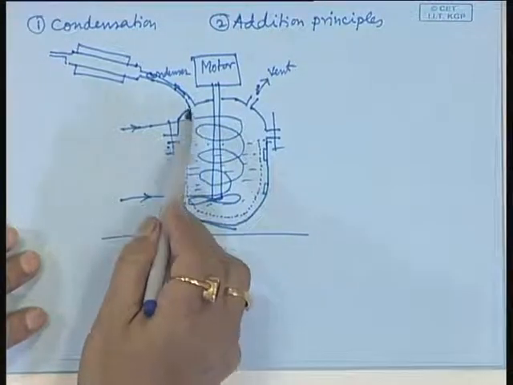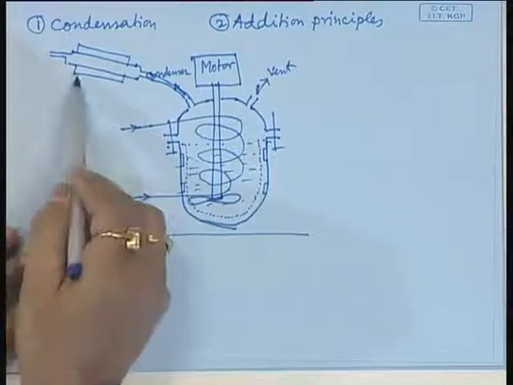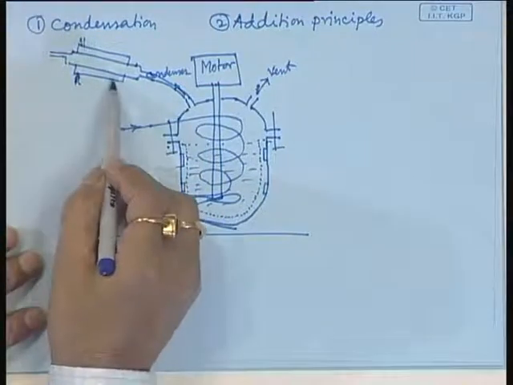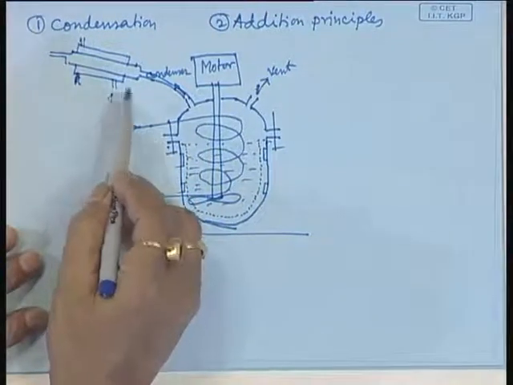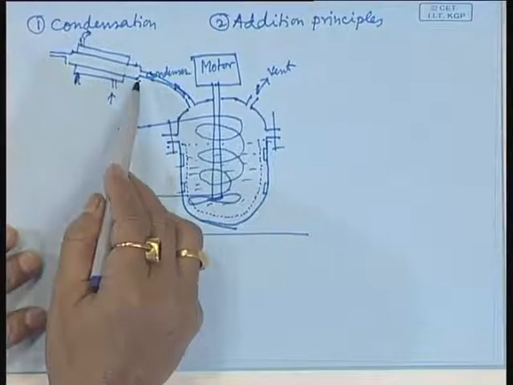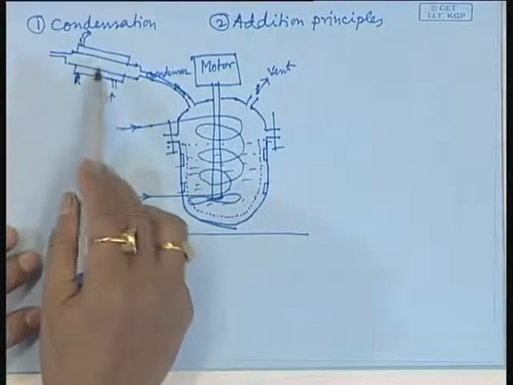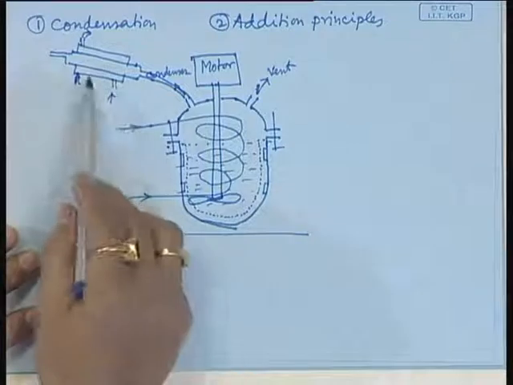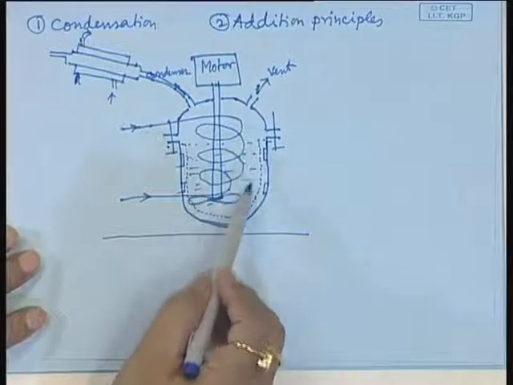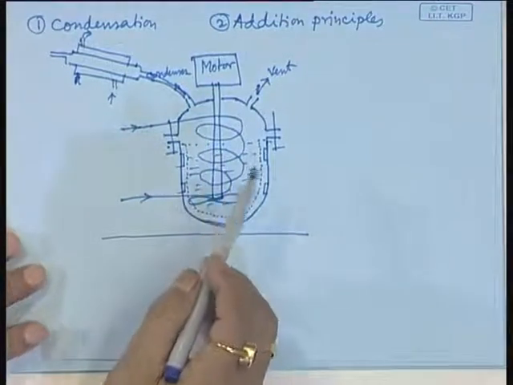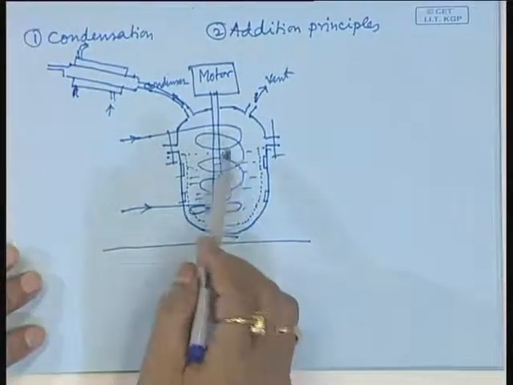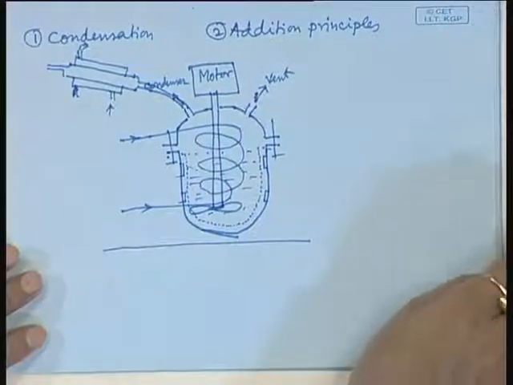So, the solvent evaporates and goes to the condenser, and through the condenser some coolant is passed. So, the solvent gets condensed over here, leaving the heat to the circulating medium, and it comes back. So, it maintains the viscosity of the polymer solution which is formed over here, and it provides better control of heat.